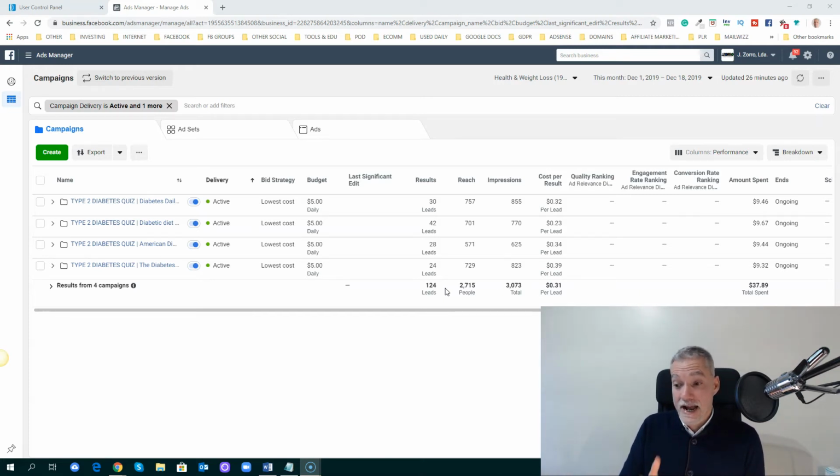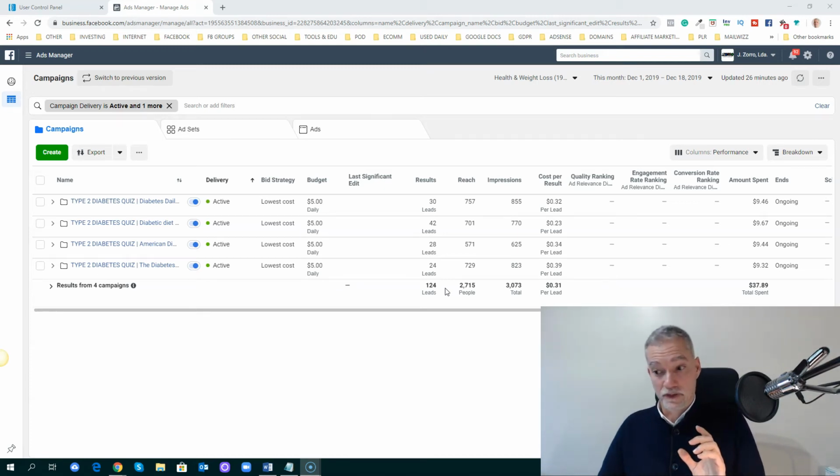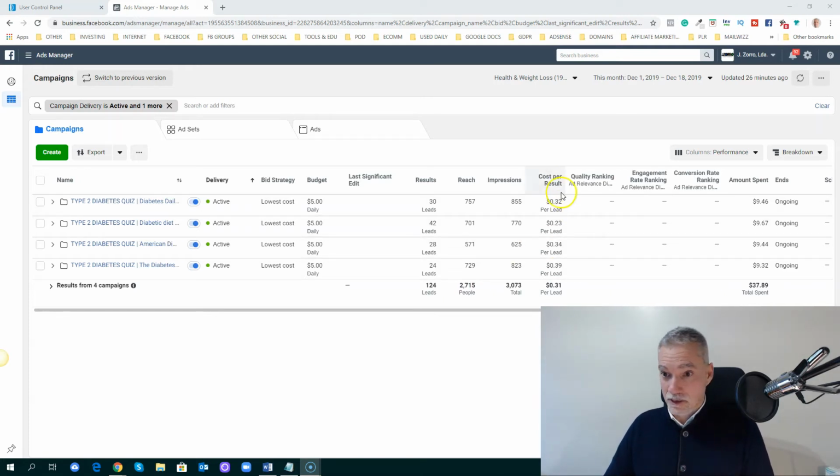So as I said, I'm just testing it now, but if I can get those values, I will have a huge ROI because I'm spending only 30 cents per lead, and each lead will give me between 50 cents and $1 per month. Okay, so this is amazing, and this is the type of exercise that you need to do.